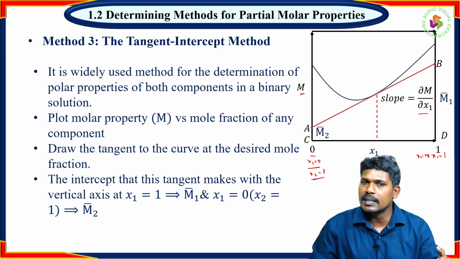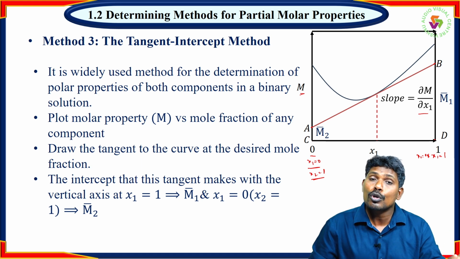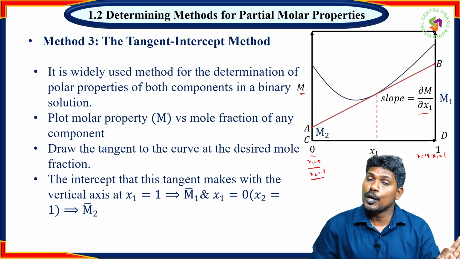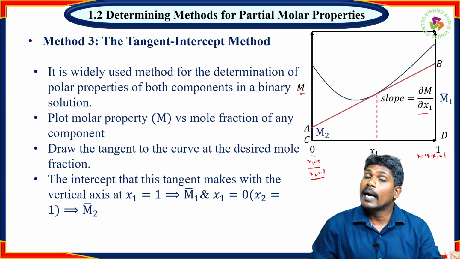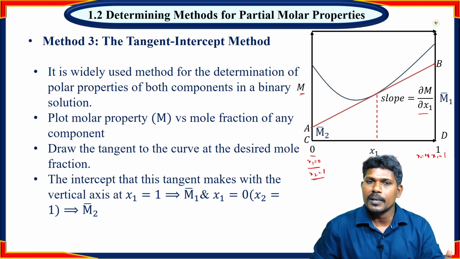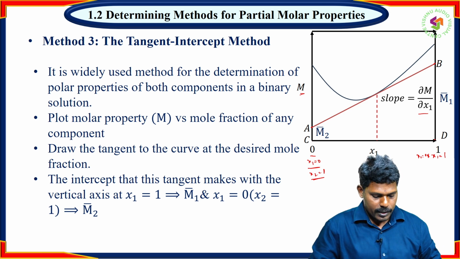But with the tangent intercept method, for a binary mixture, we can determine for both compounds, when they are in the pure state, what the partial molar property of each compound is, and at your mole fraction of interest, what the partial molar property of that compound in the mixture is. That is the advantage of the tangent intercept method.